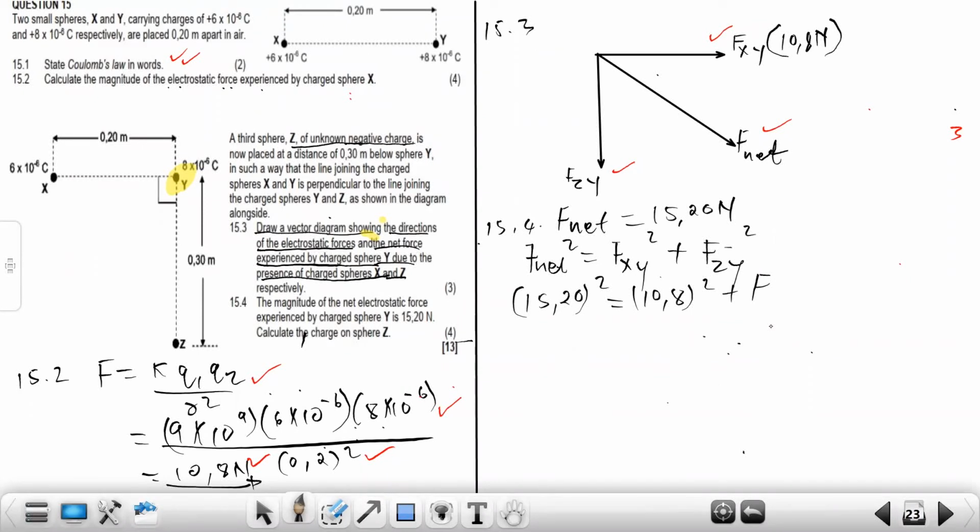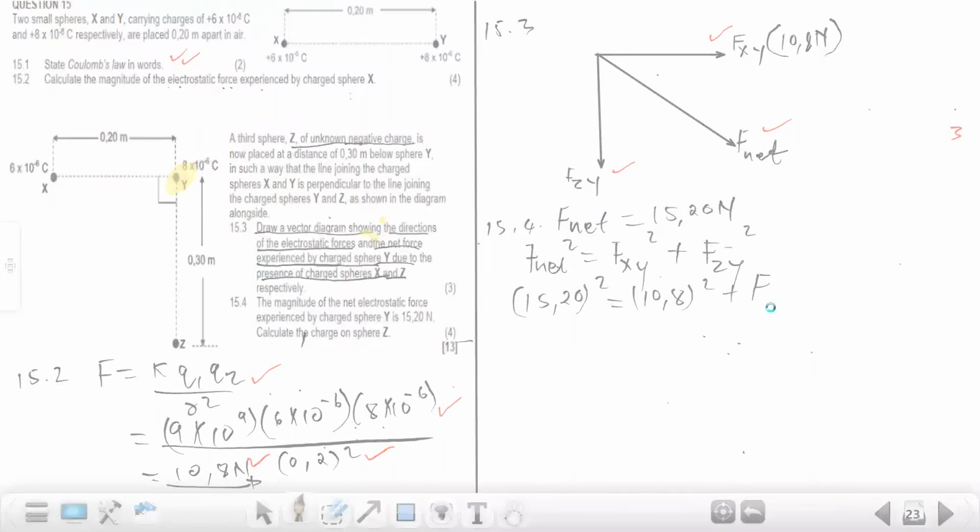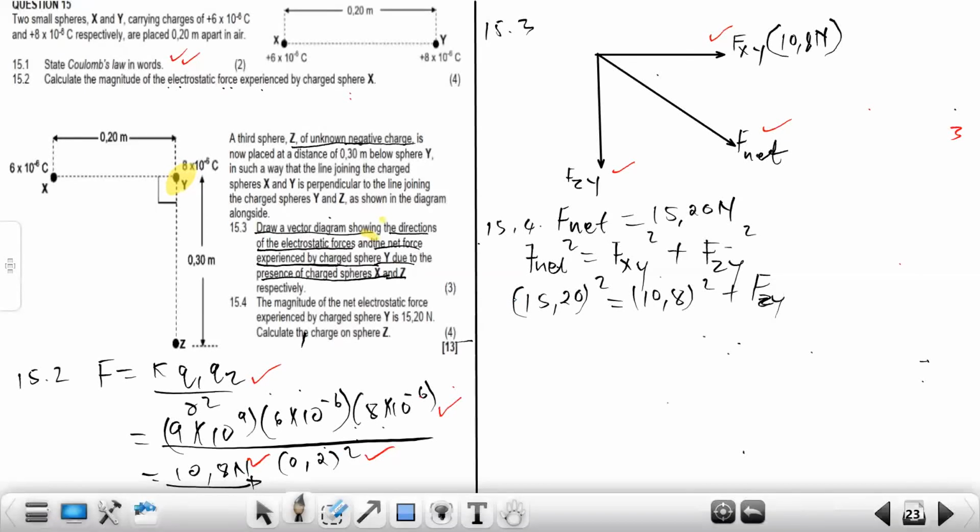I am going to get the value of F ZY, which I calculated, and I found it to be something like 10.696. So after doing everything squared, I get my F ZY, which is equal to 10.696 newtons. But this is not the answer to the particular problem that we are asked.